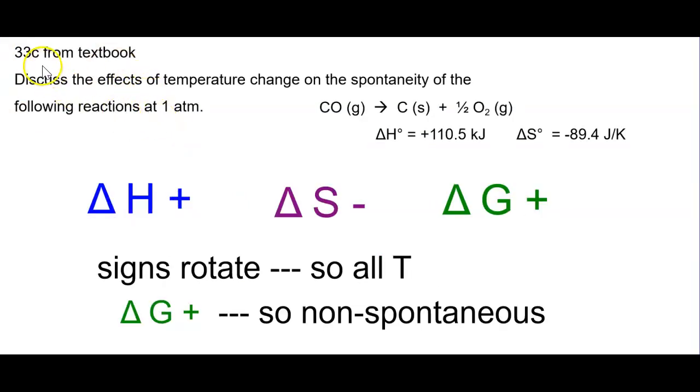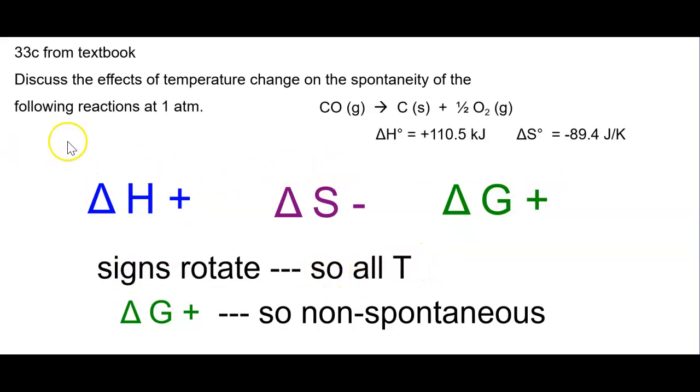Okay, similar example. This is just part 33C from our textbook. So we know H is positive, S is negative. Remember, the way we're going to memorize that chart is we're going to always have H and G be the same sign. So H is positive, G is positive then. All signs rotate: positive, negative, positive. So therefore, we're going to consider it at all temps instead of low temps.